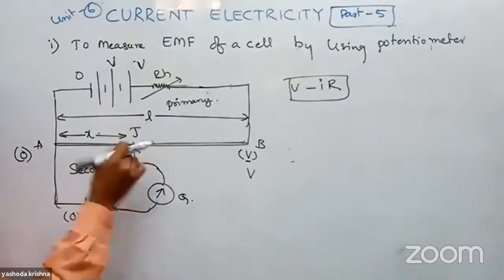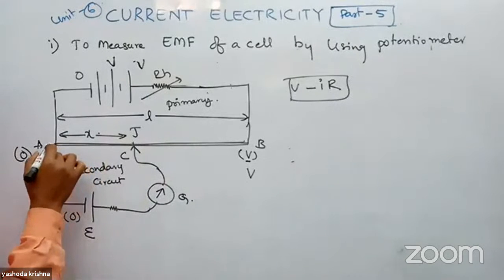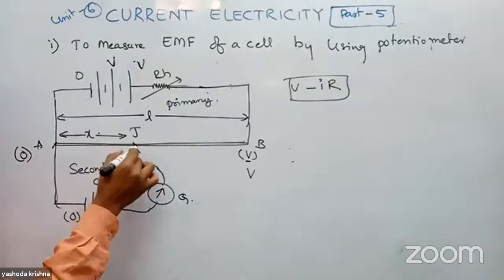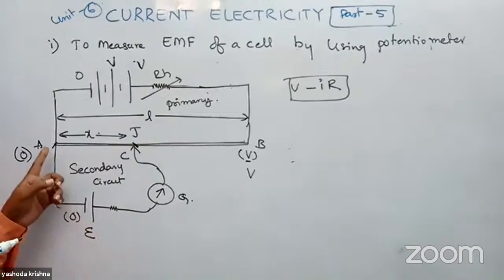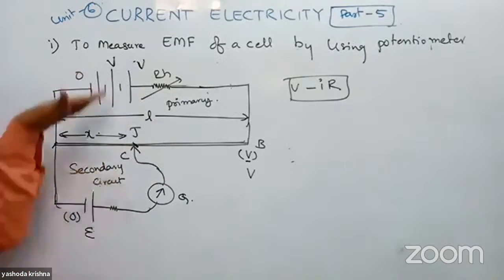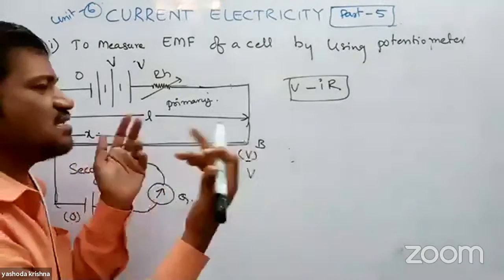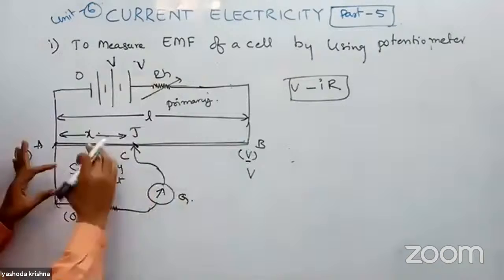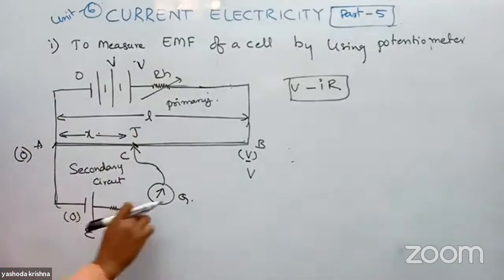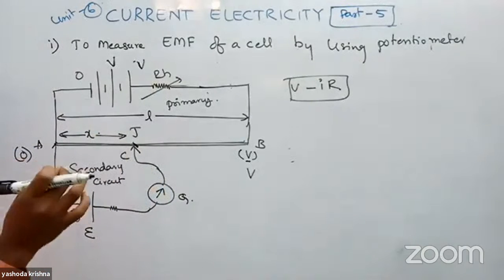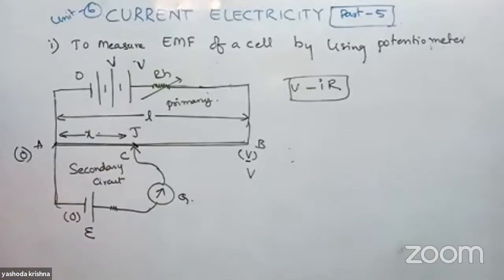No current flow means the potential difference of the battery and the potential difference here are the same. When the potential difference is the same, current does not flow in this circuit.